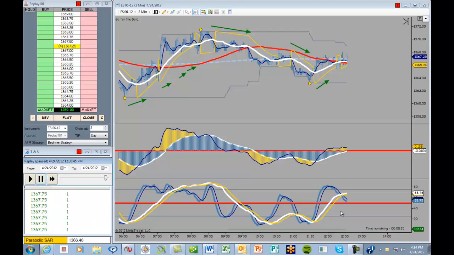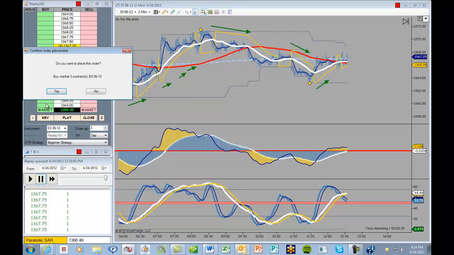It's starting to rise and we got a little bit of a curve there, so I don't want it to run away from us.